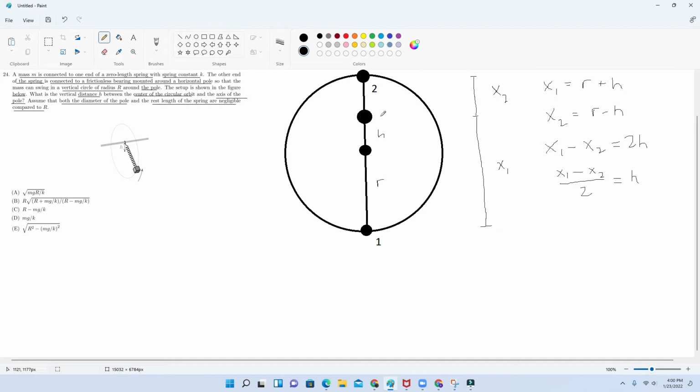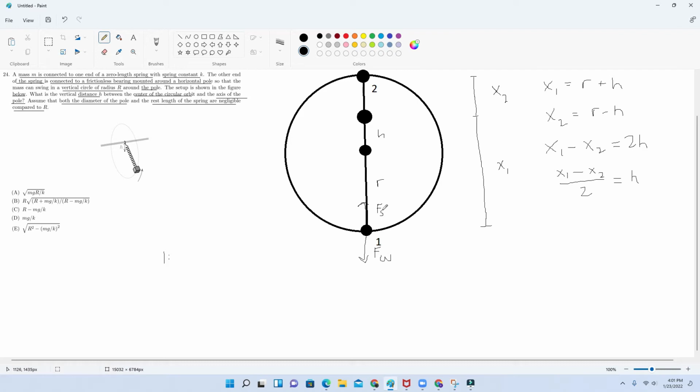Based on the motion, we can set up a couple equations. First, we can try setting up the force equation for the mass when it's at position 1. So at position 1, we have the force of gravity and the spring force. And these combined forces yield a net centripetal force upwards.